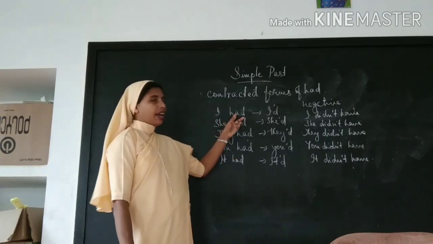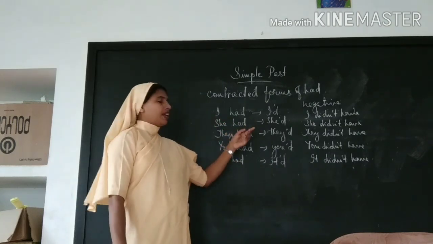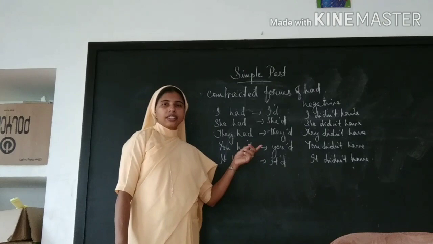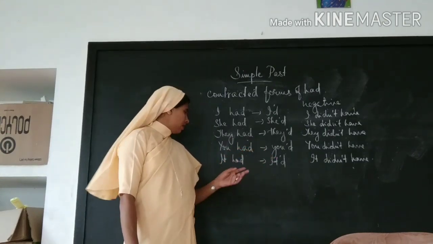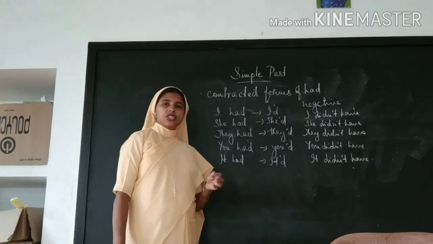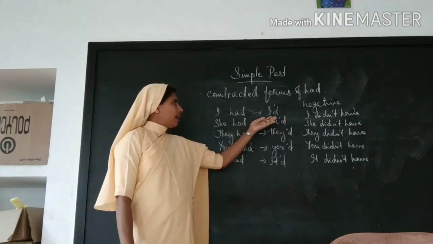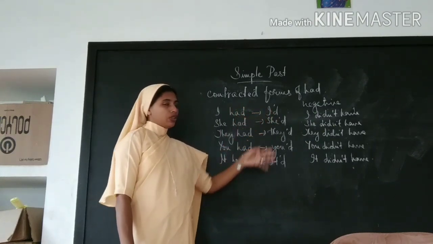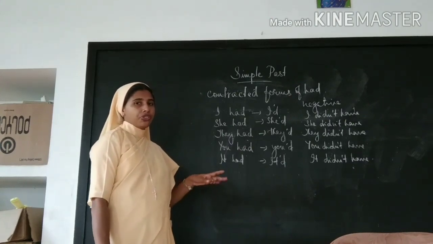If it is I had, you can say I'd. She had, she'd. They had, they'd. You had, you'd. It had, it'd. That means you can avoid the H-A sound and use D. That's a short form or contracted form of had.